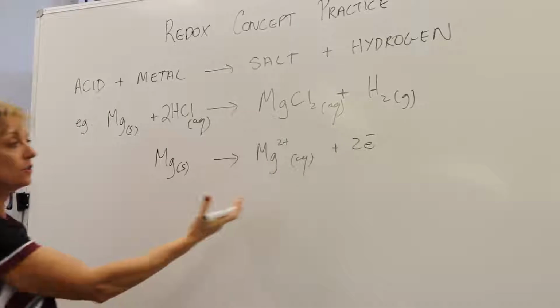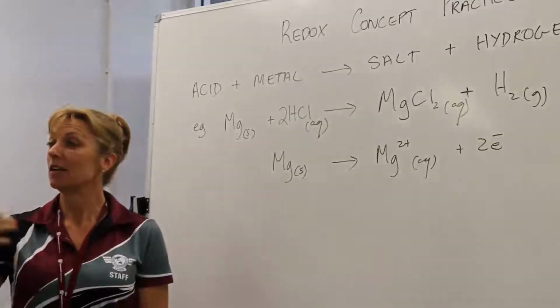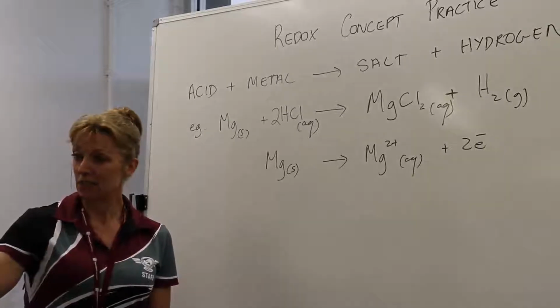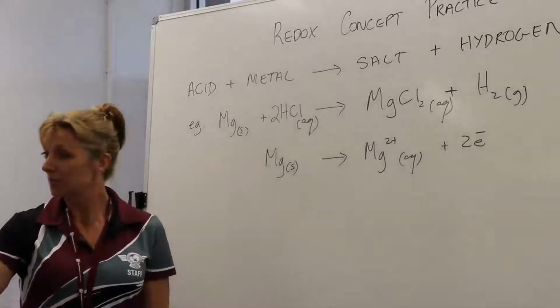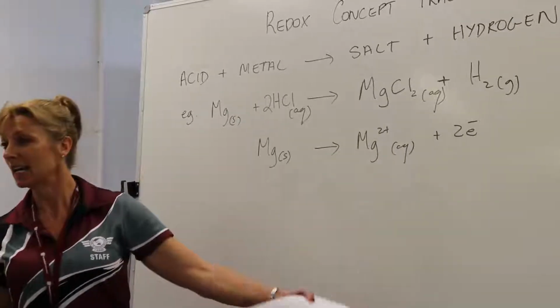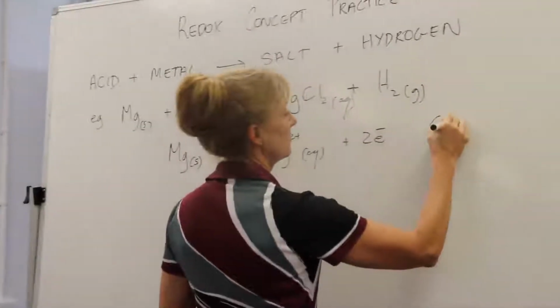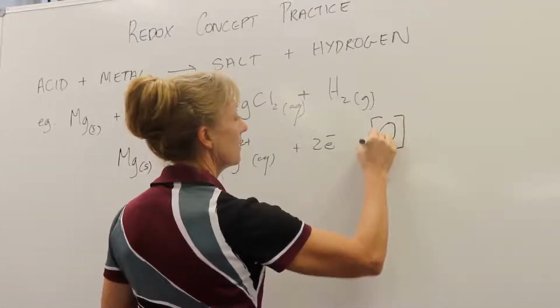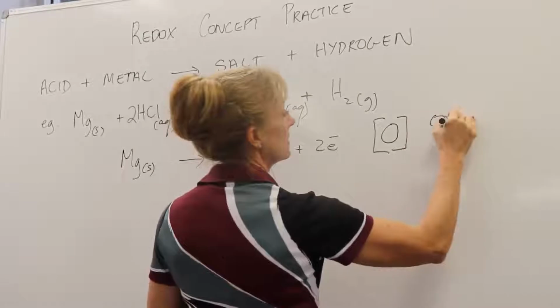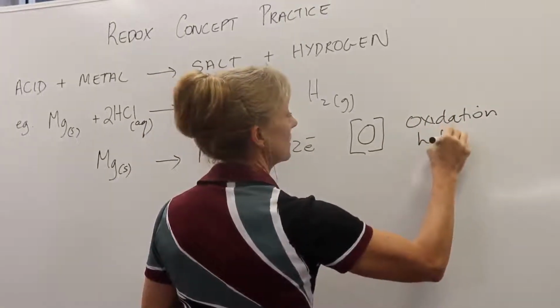And once you've done that, you say to yourself, magnesium is losing or gaining electrons? Losing them. And so this is a... Yes, oxidation. Very good. You're very fast, you guys. Oxidation half reaction.